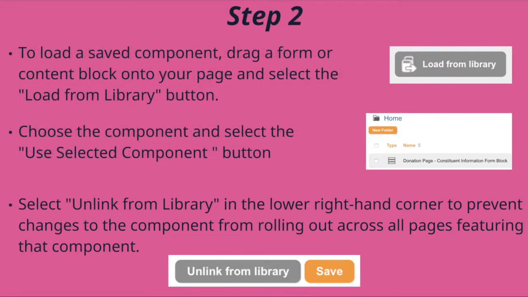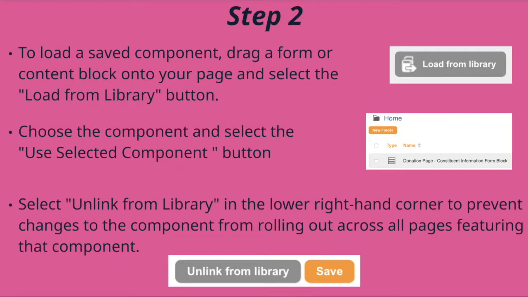So the next step is that now you've saved it, you have this piece of saved library content in your account, and you're creating a new page and you want to use it on that new page. When you drag the content or form block onto your new page, you'll see that there's a Load from Library button in the upper right-hand part of the box.